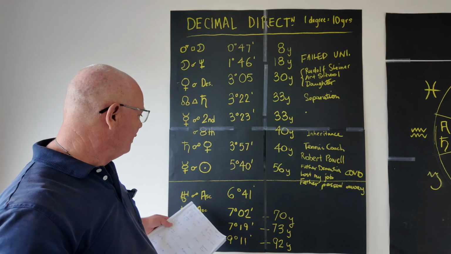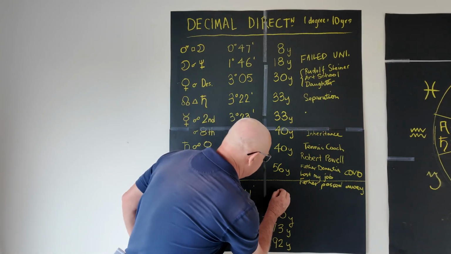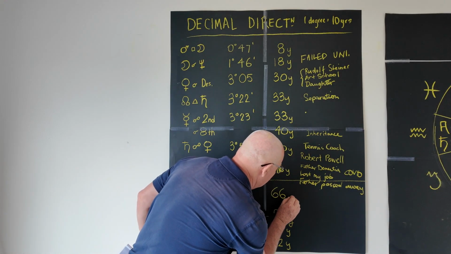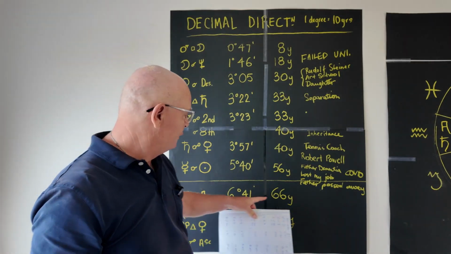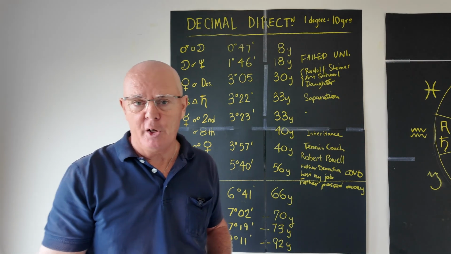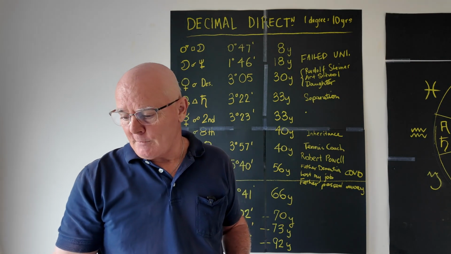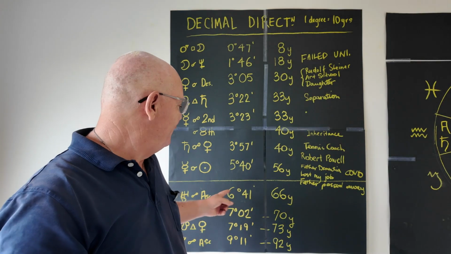Now this one I'm going to talk about, this one corresponds to age 66. Uranus is malefic. What will it do to me here? And I have one story which I'm going to finish this video with, which, obviously, this didn't happen yet.